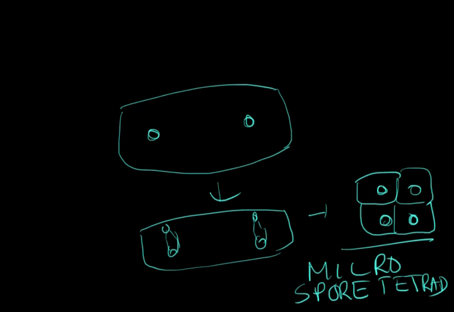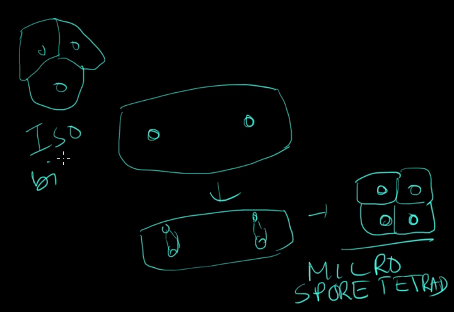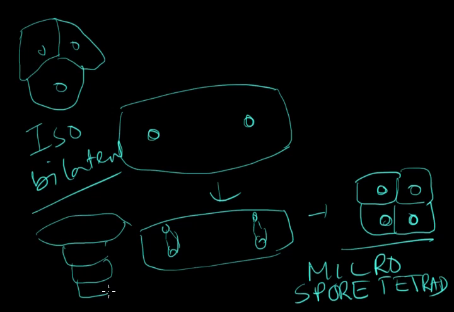Now regarding the shape of the microspores, it is often categorized into several structures, such as this design, which we call isobilateral. This may be a design which you call T-shaped.